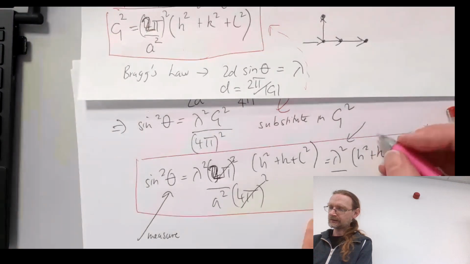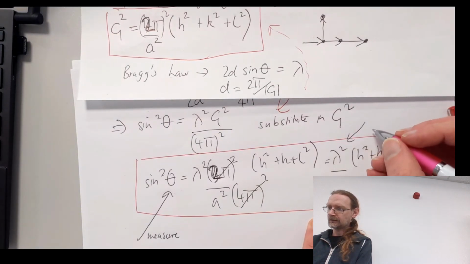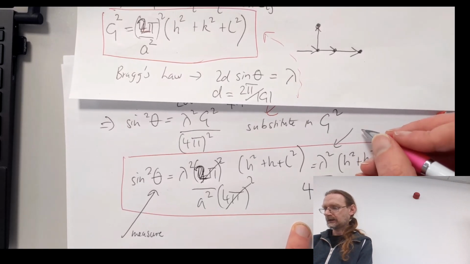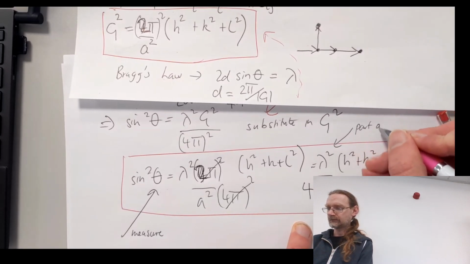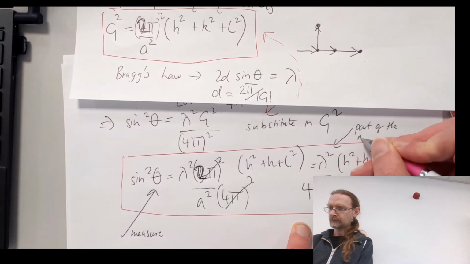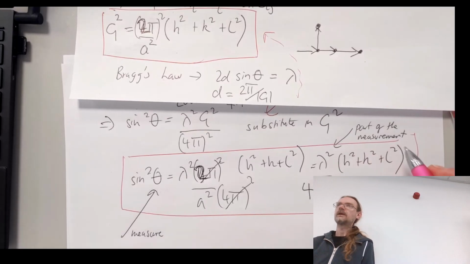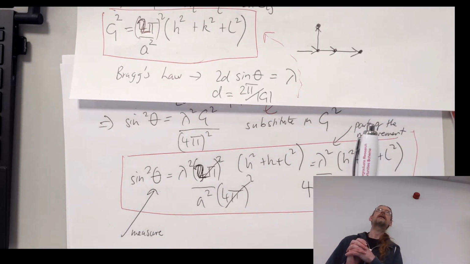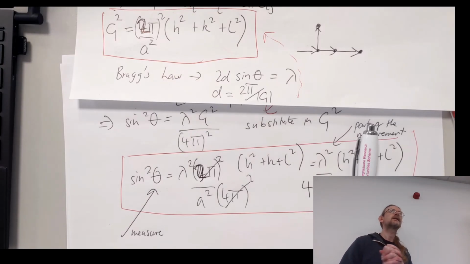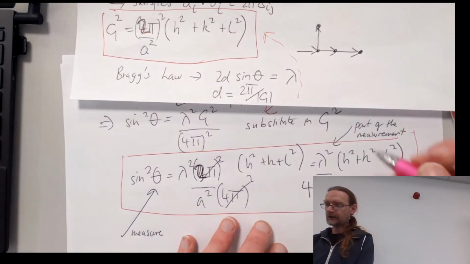Lambda is part of the measurement: we're shining X-rays of some wavelength at it, and we assume that we know what wavelength we're using. So that's known.